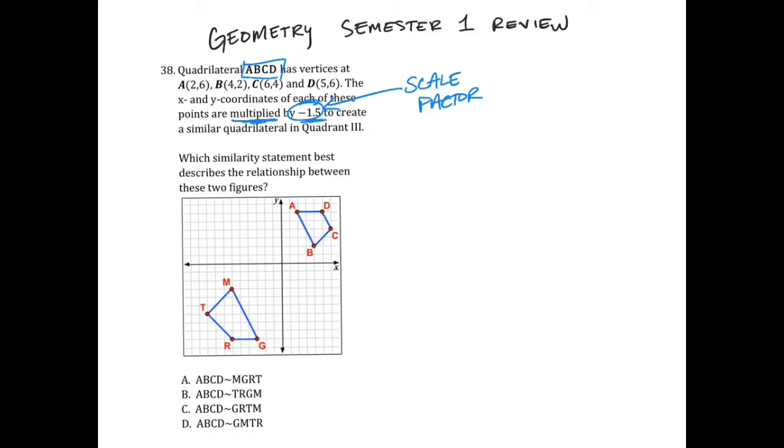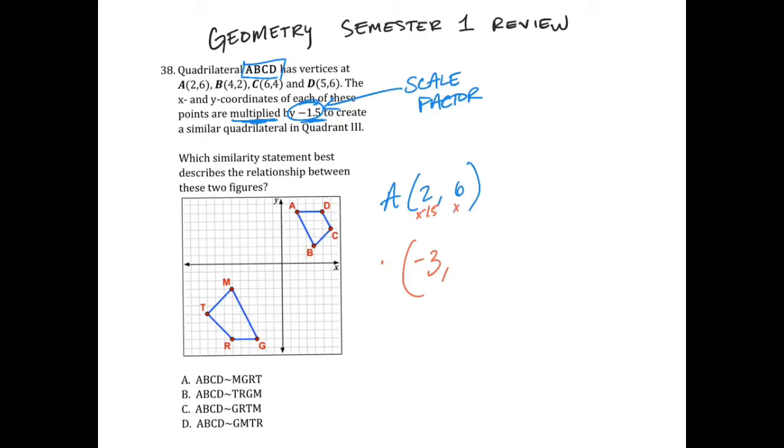So if I multiplied A by that negative 1.5, A was 2 comma 6, if we multiplied by that scale factor of negative 1.5, that's going to give me a new point. 2 times negative 1.5 is negative 3.